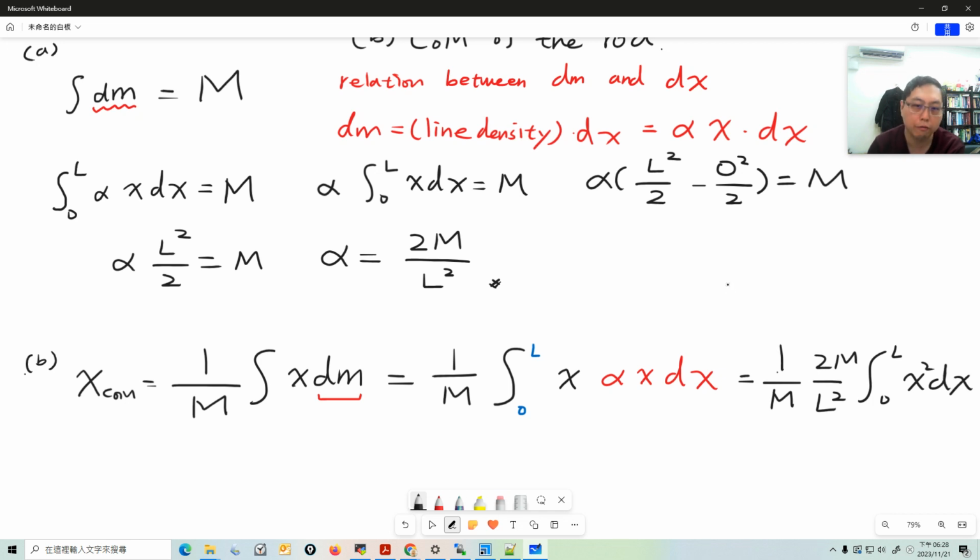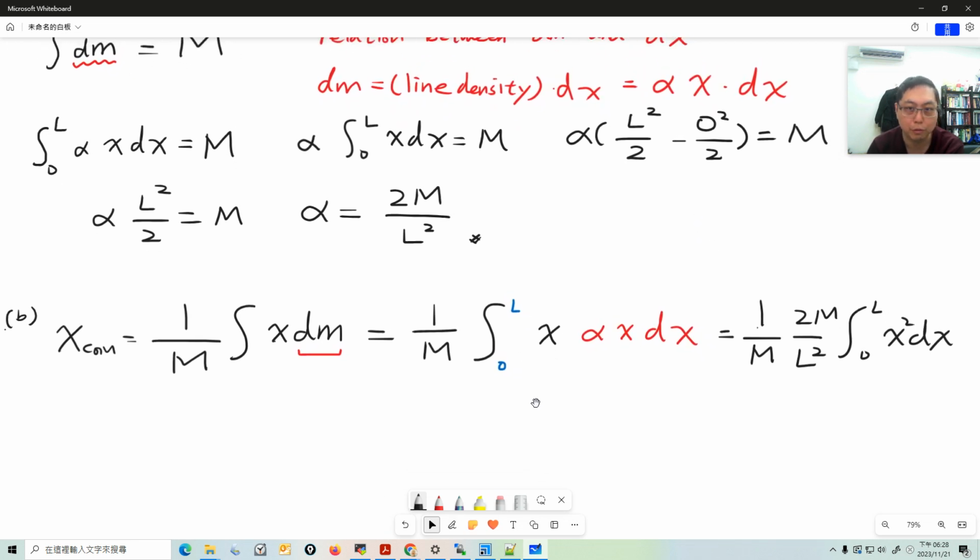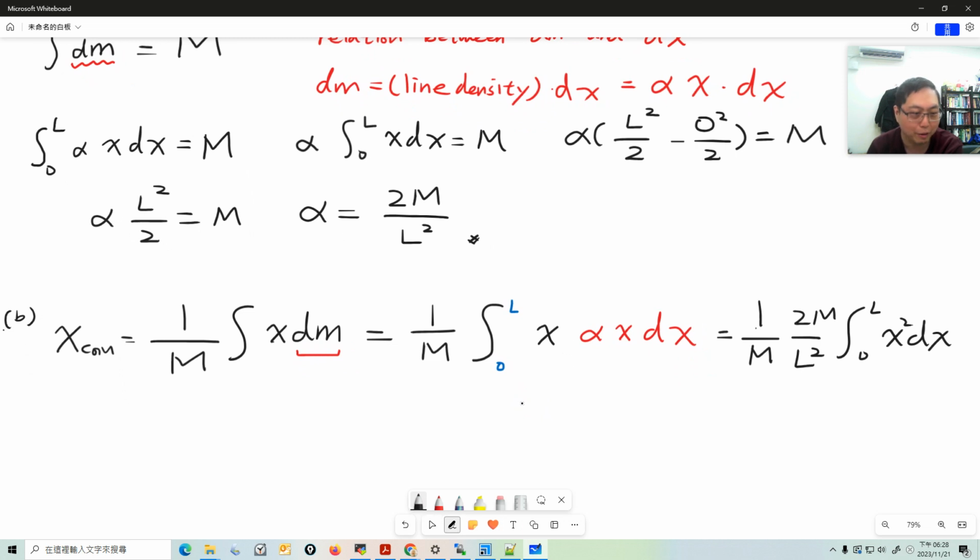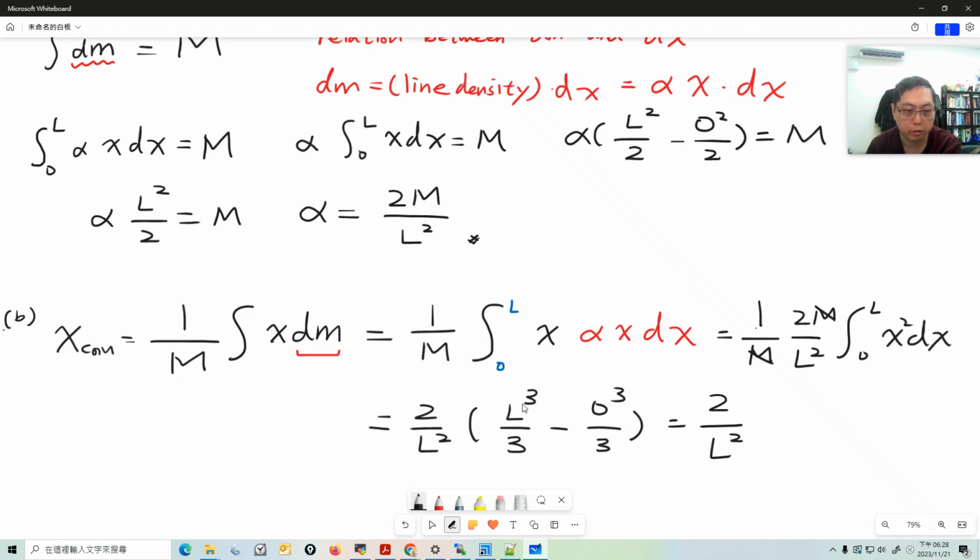It's still a power function in the equation. I suppose you're familiar with that already. So the 2M cancels, and I hope you really understand the integration of a power function: x squared becomes x cubed over 3.